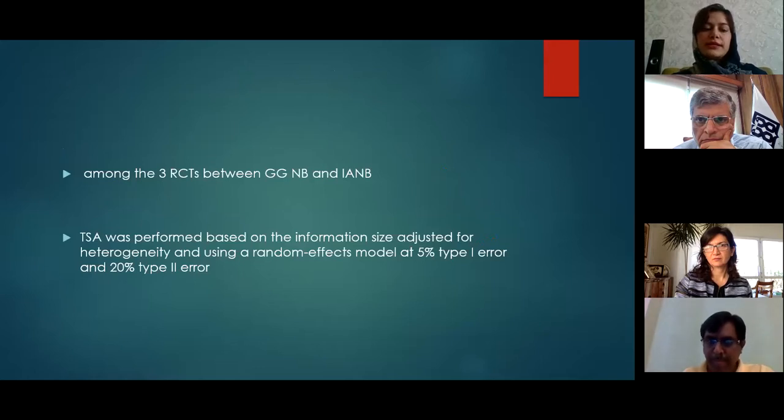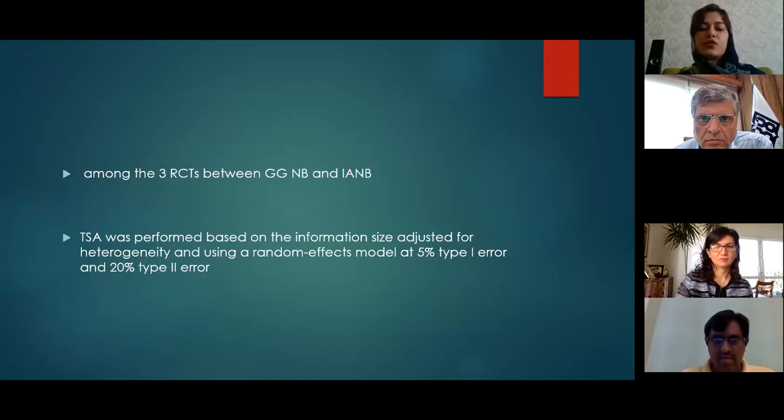This analysis is done among 3 RCTs between GO gates nerve block and inferior alveolar nerve block. TSA is performed based on the information size adjusted for heterogeneity and using a random effect model at 5% type 1 error and 20% type 2 error.